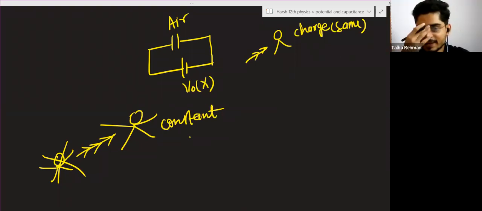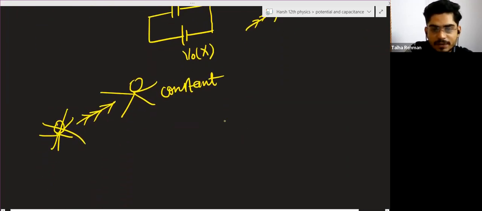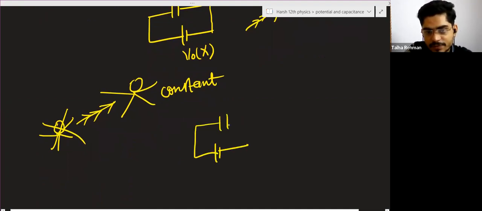Okay. Now this is the case when the air is in between. Now what I have done, I will explain each and every term. I have now inserted the dielectric and removed the battery.